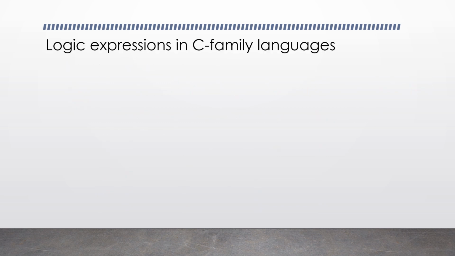Okay, how do we use Boolean logic in C family languages? Well, there's actually a type of variable called a Boolean variable, which is type bool in most C family languages.